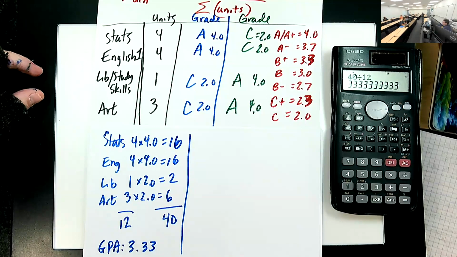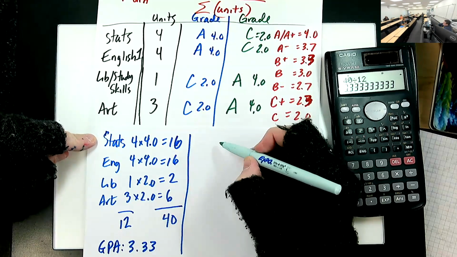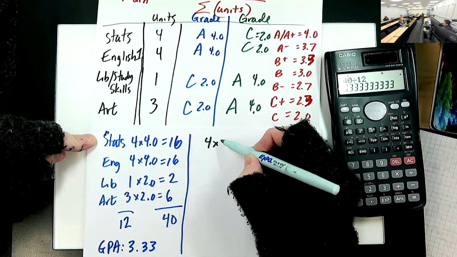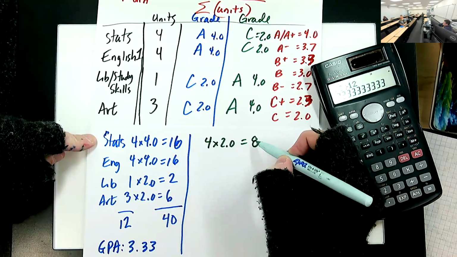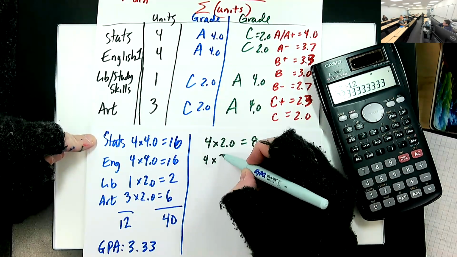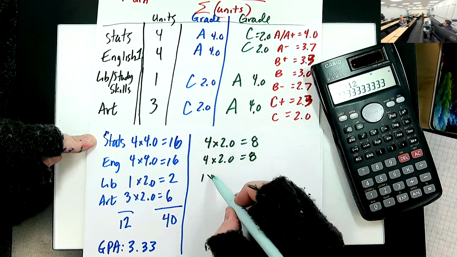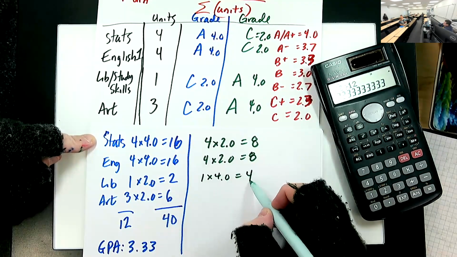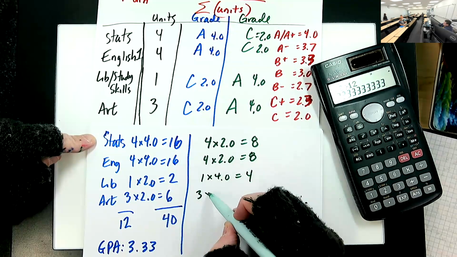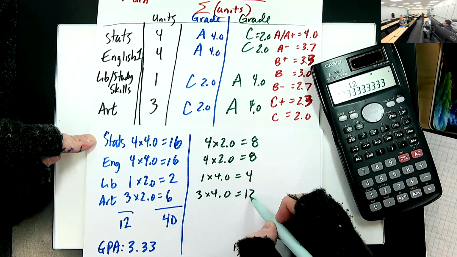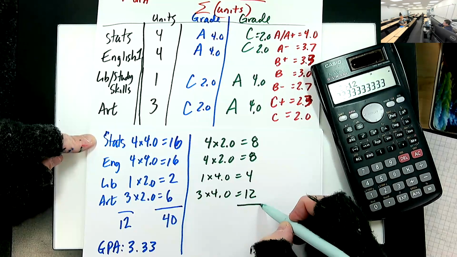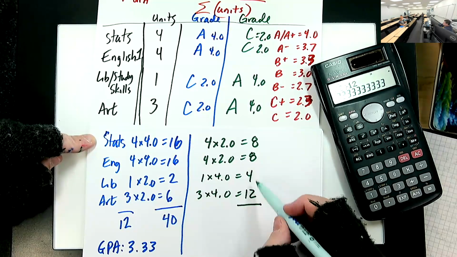If we take a look at the other group, they had 4 times 2.0, which is 8. 4 times 2.0, which was 8. 1 times 4.0, which was 4. And 3 times 4.0, which was 12. The total here is 32.